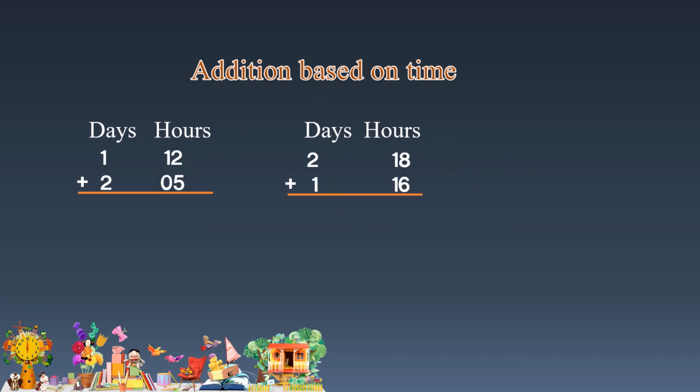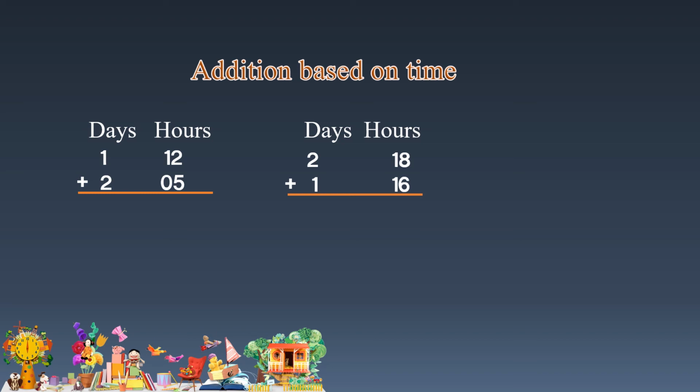We'll consider another example. This time it's about days and hours. First of all, you have to keep in mind that 24 hours means one day. This time it's not the relationship of 60, it's 24 here. So you have to keep that in mind. So one day, 12 hours plus 2 days, 5 hours.